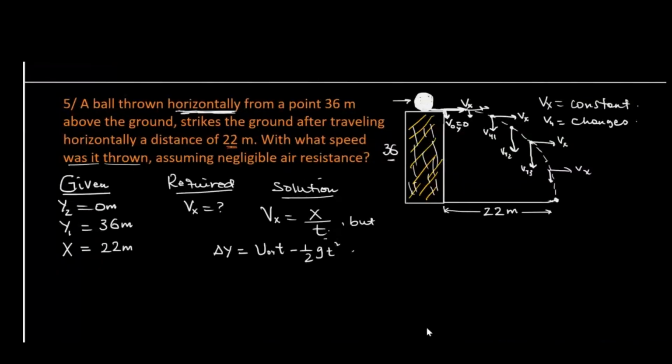How do I get this one, or where did I get it? Let me remind you: earlier we discussed that delta x is equal to v naught x t plus half a x t squared. These are equivalent. The first one, delta y, is for vertical motion.